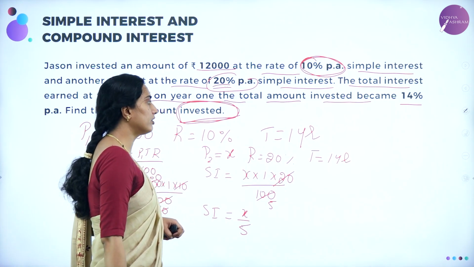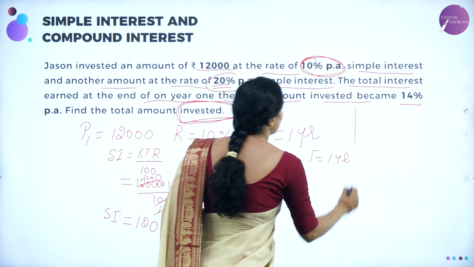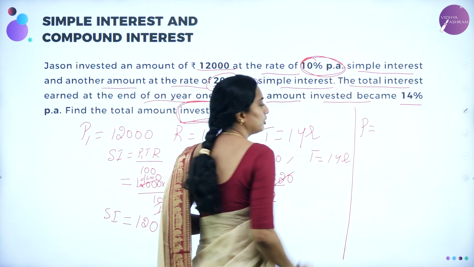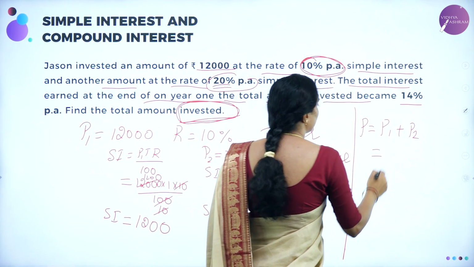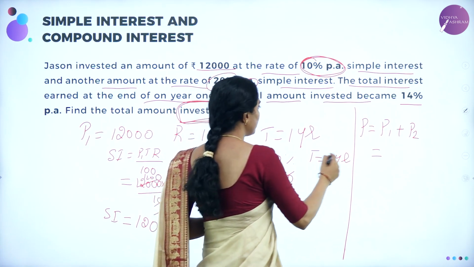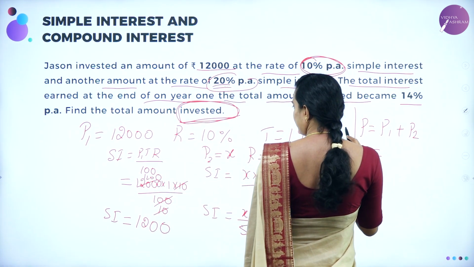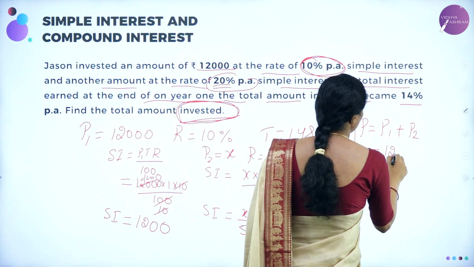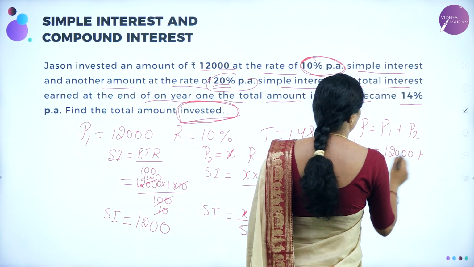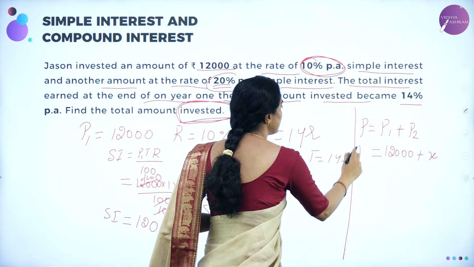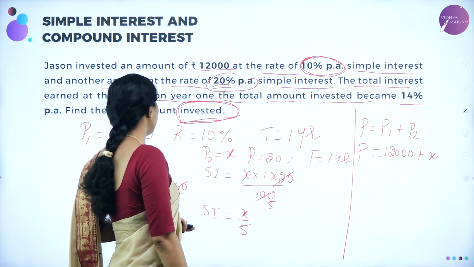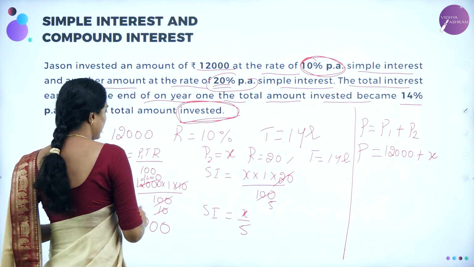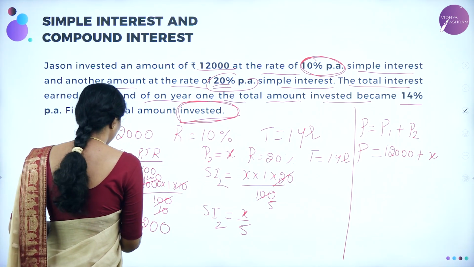The sum of the interest you are going to get for this one, the principal amount is P1 plus P2. Let me keep aside. P1 plus P2 is 12,000 plus X. Correct? This is the principal amount. Now what is SI? SI1, SI2 you can call if you want.